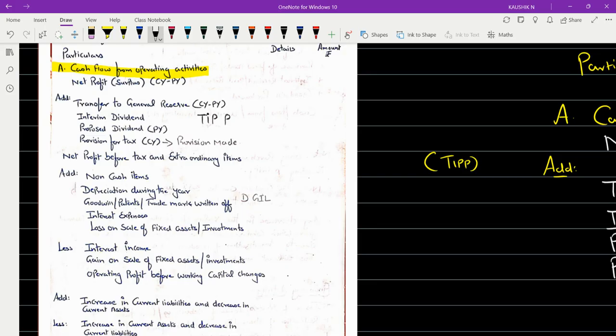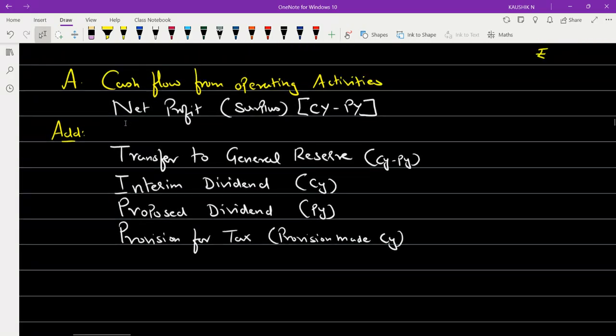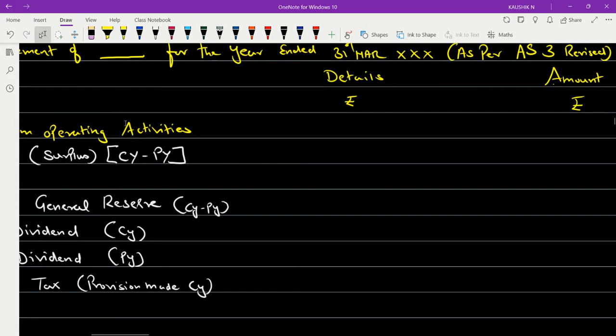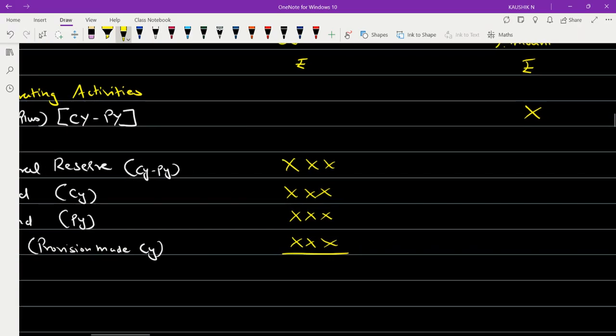If you add these values with net profit, you'll get a term called net profit before tax and extraordinary items. Okay. So you'll have a net profit over here. These items you'll be having in the inner column. The net total of this you can take to the outer column. When you add this amount with your net profit, that will give you an amount.